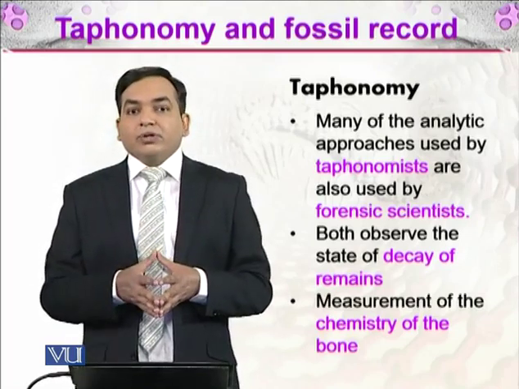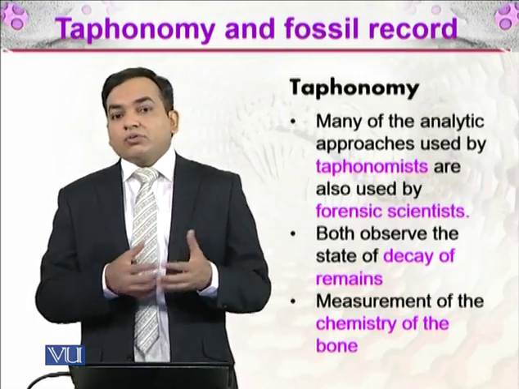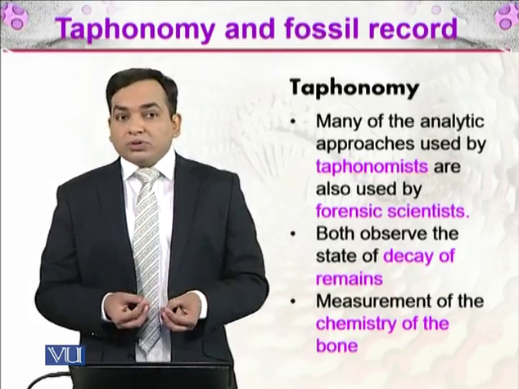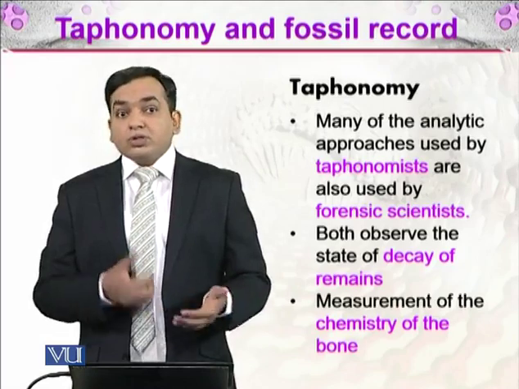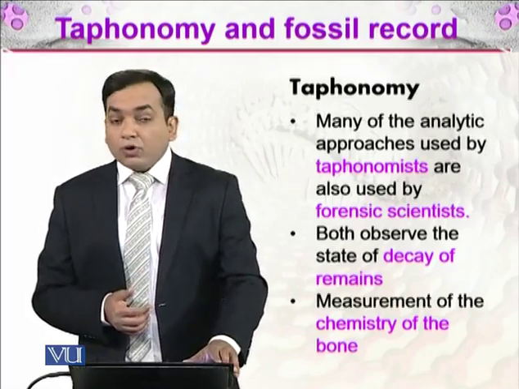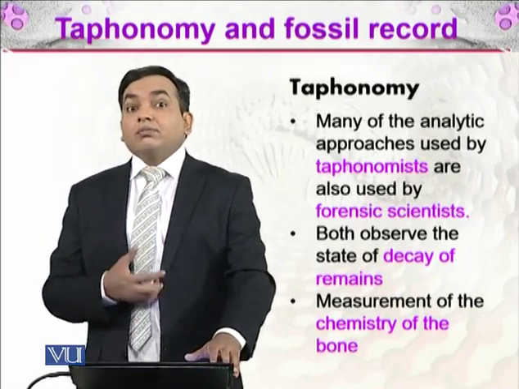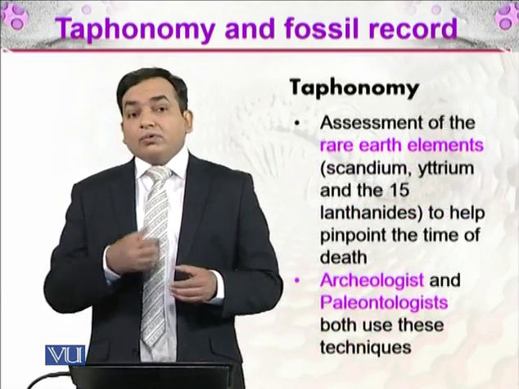For example, if a murder took place in an open area and a lot of time passed, what will happen? They will just have the bones, the skeletal remains there, and they will be looking at those. So is the case for the taphonomist as well. Most of the fossils that we have today are bone in nature. How do they do that?